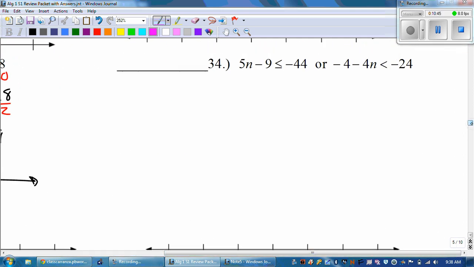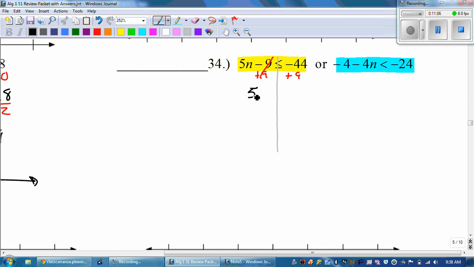All right, number 34. Now, number 34, we have two separate inequalities, okay? So we're going to treat them like two separate equations, all right? So first thing we have to do is to add 9 to both sides.